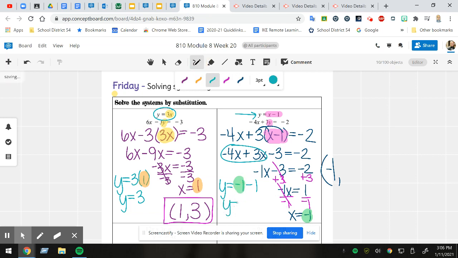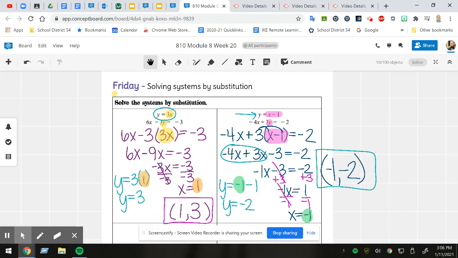Negative 1 minus 1 is negative 2. So there's my y value, and there's my solution. So these two lines would intersect at the coordinates of negative 1, negative 2. I know it seems like a lot of work, but a lot of this is equations, which is what we've been doing.